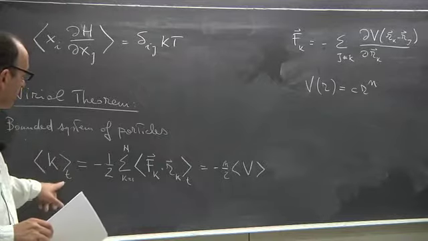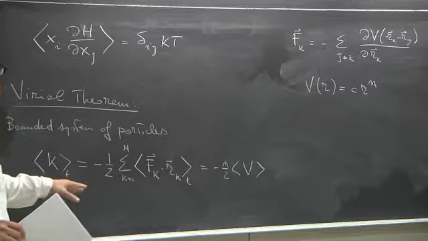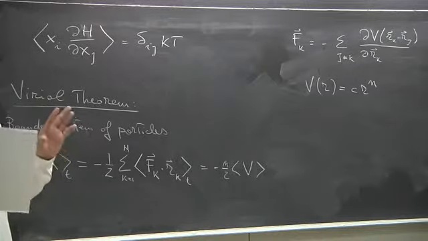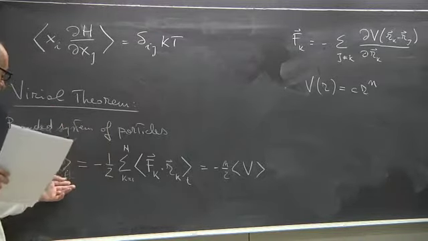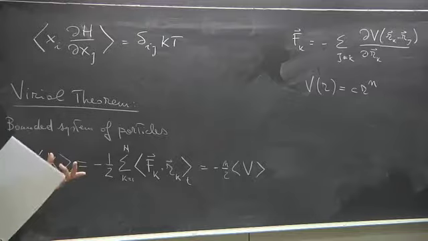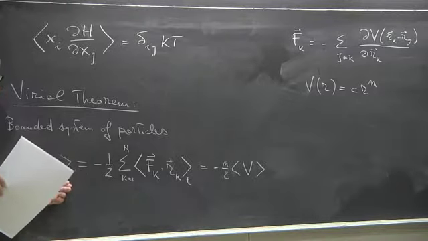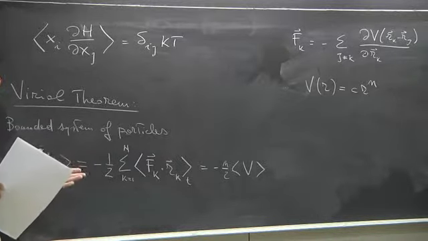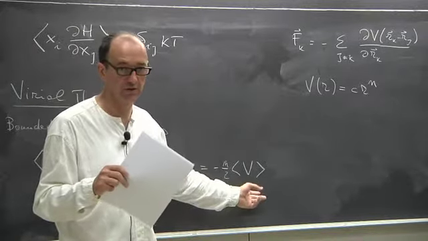This is very much used in astrophysics, because if you observe a galaxy, you are able to estimate the kinetic energy of the light matter, the matter which you can observe, and if you know how much matter is there, you can also have an estimate of the potential energy, okay?